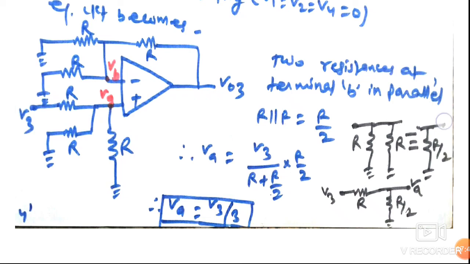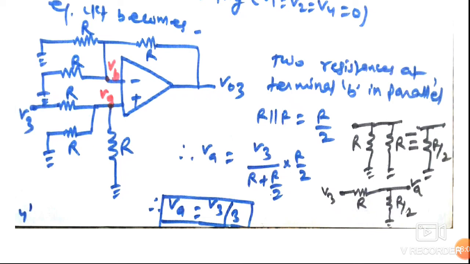The equivalent circuit diagram is redrawn here: V3 operating, an R resistor and an R by 2 resistor.